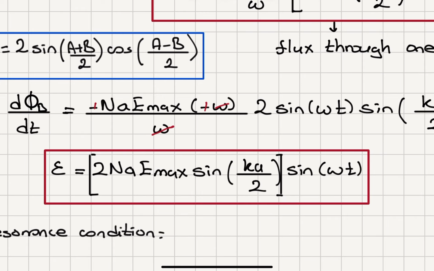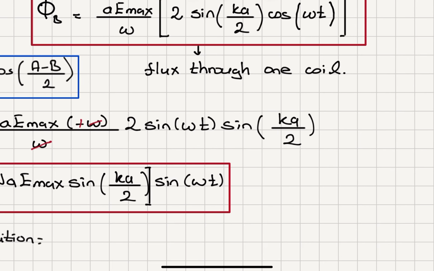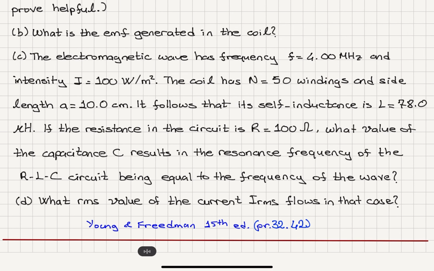Moving on to part C, so here we have used Faraday's law. Let's note that. In part C, the electromagnetic wave has frequency f equals 4 MHz and intensity I equals 100 watts per meter squared.